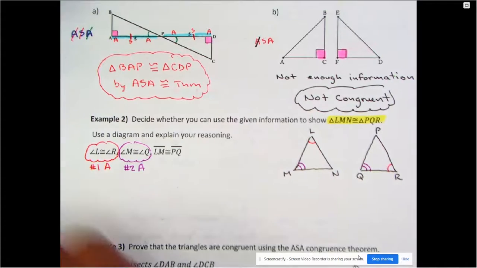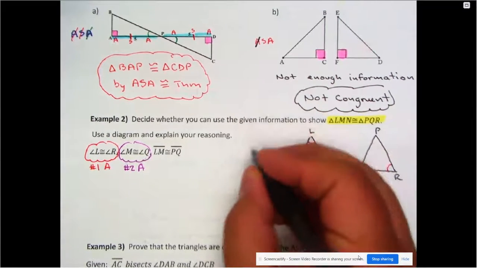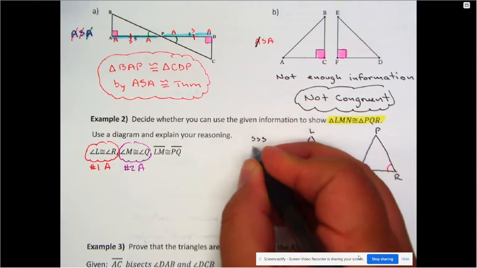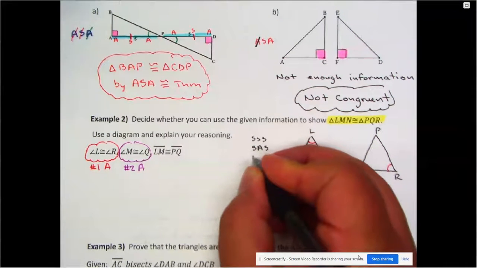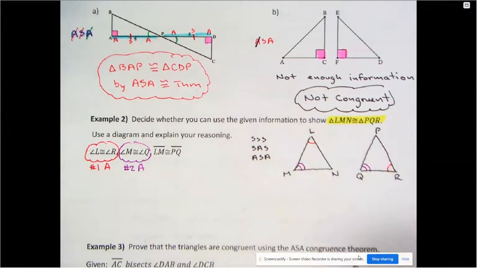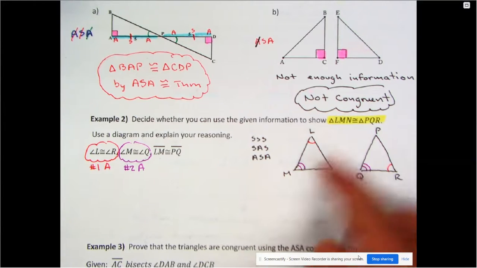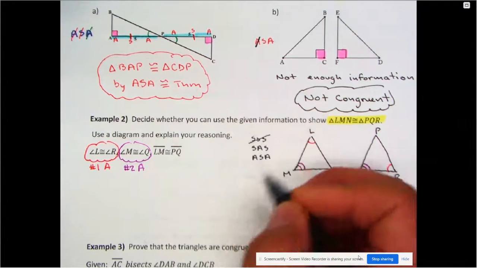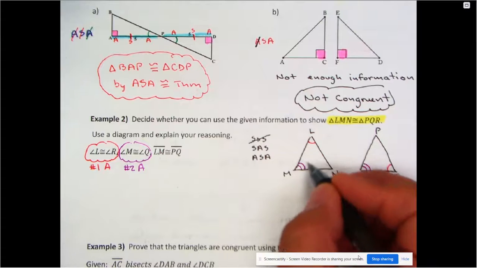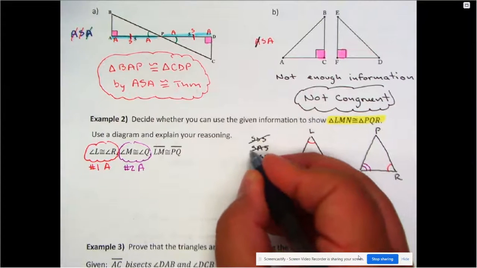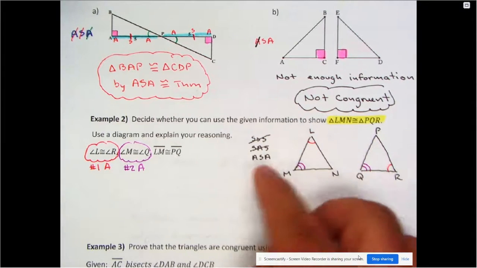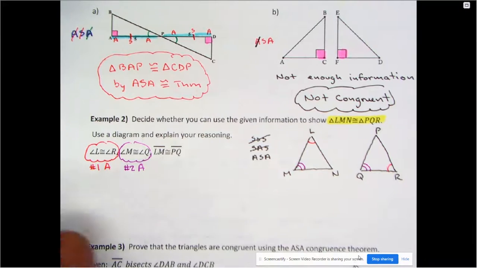Now remember, we have a list now of options. It could be side, side, side, side, angle, side, or angle, side, angle. Those are my 3 choices that we have so far. But if I already marked 2 angles, then there's no way it can be side, side, side. Again, I marked 2 angles. There's no way it can be side, angle, side, right? I have 2 A's in it. This is my only option so far, or that's left.